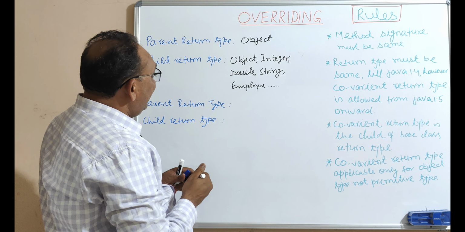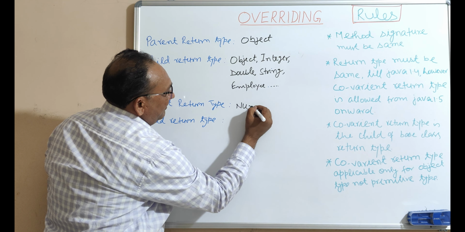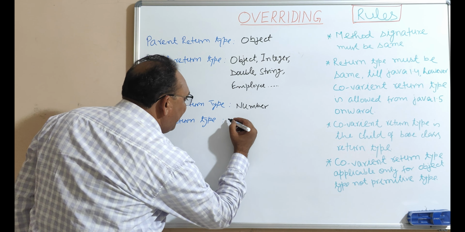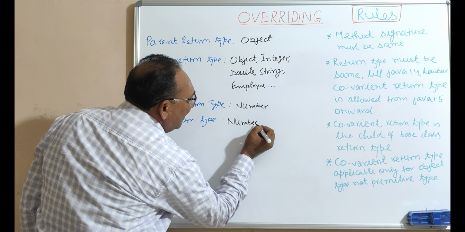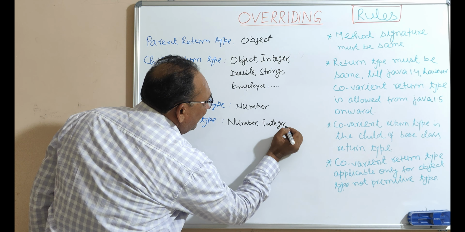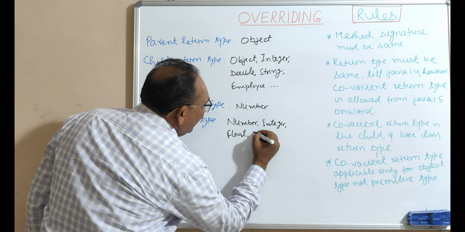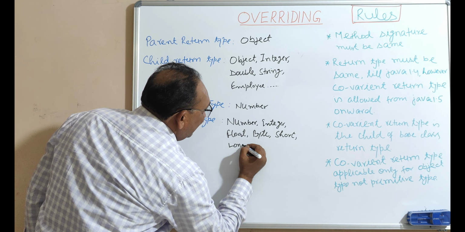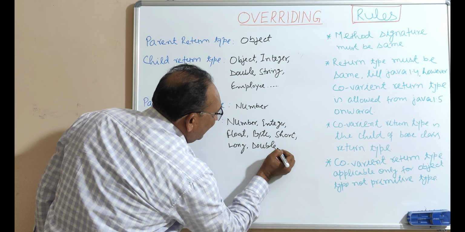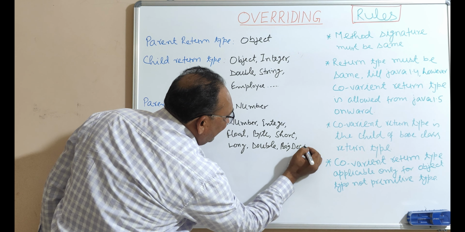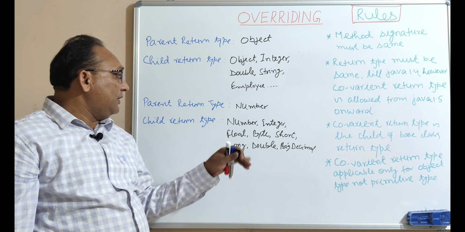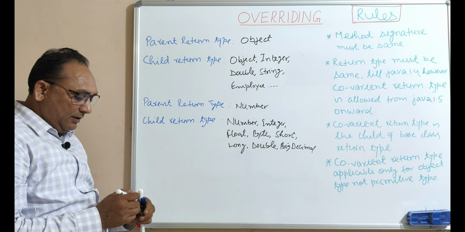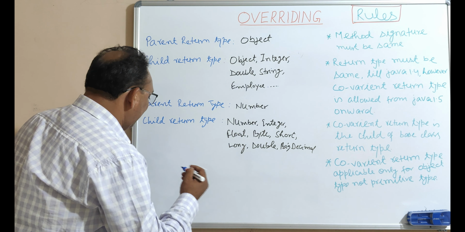If the parent return type is number, then the child return type may be number, integer, float, byte, short, long, double, big decimal, etc., because all these are child classes of number, so they are valid. Correct?